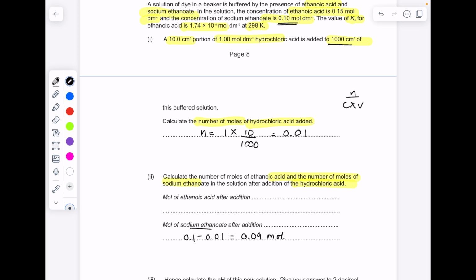And then what about the number of moles of ethanoic acid? Well, when the H plus ions from the HCl react with the sodium ethanoate, you're going to make more ethanoic acid. So we'll get our starting number of moles and add 0.01 this time to get 0.16 mole.